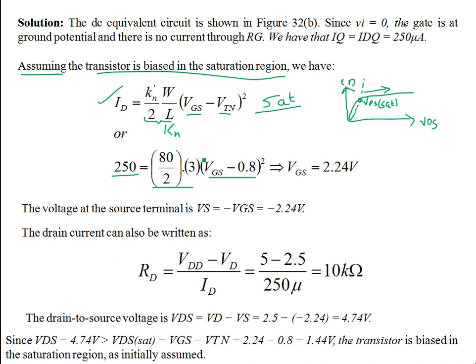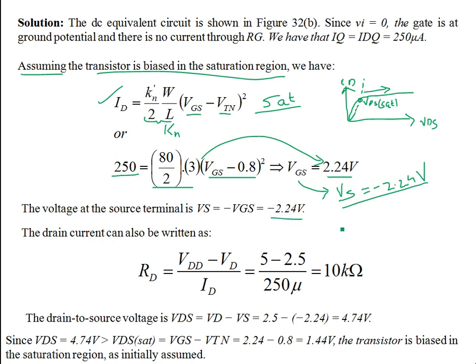So solving this expression, we get VGS as 2.24 volts, and if you recall, VG is 0. So this also implies that VS is minus 2.24 volts. Basically that's the difference of VG and VS. So 0 minus VS is 2.24, so VS is minus 2.24 volts. You can see it over here as well.